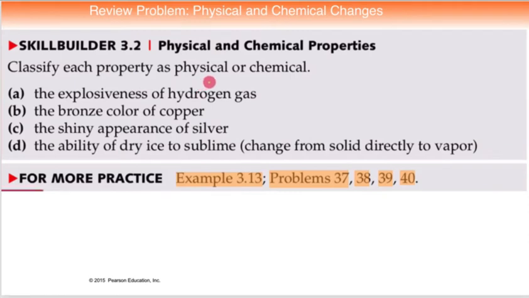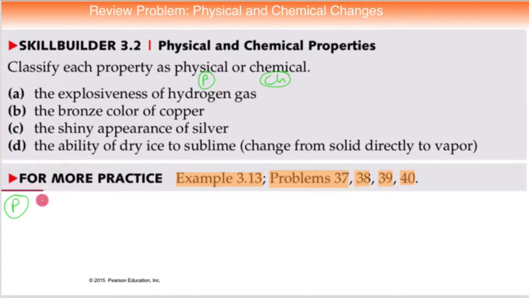A second important topic in chapter 3 is this idea of, are you dealing with a physical property or physical change versus a chemical property or change? First off, let's look at the physical. What are you looking for to distinguish that, yes, this is a physical change or a physical property?